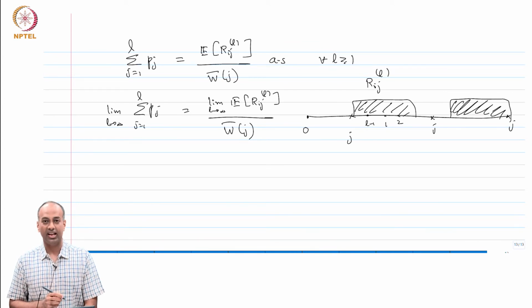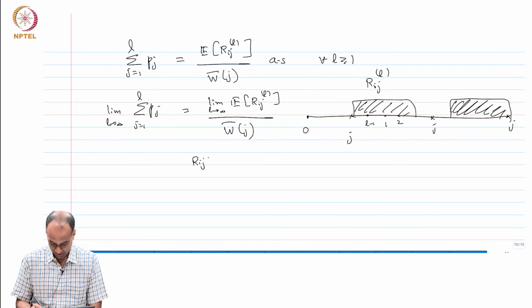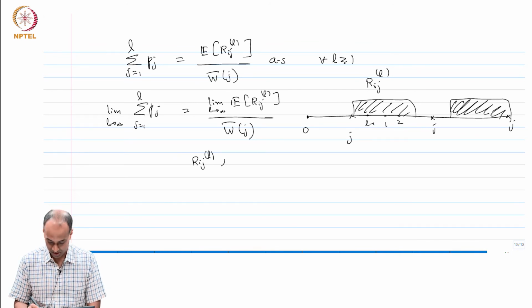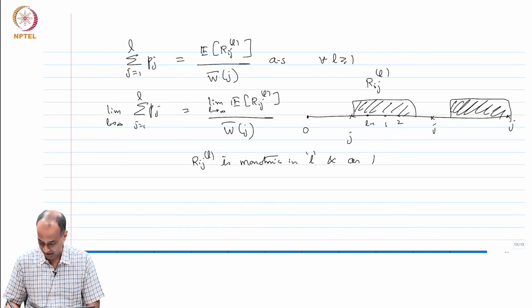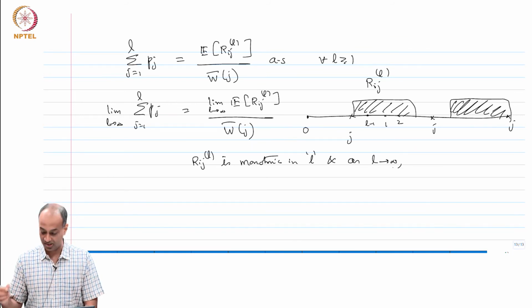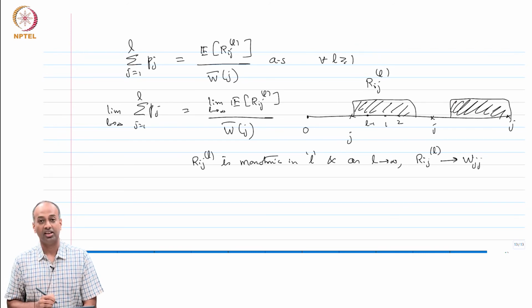R_ijl has two properties. It is clearly monotonic in L, as a random variable, and as L becomes larger and larger, R_ij of L basically approaches W_jj, which is the width of the interval, right.